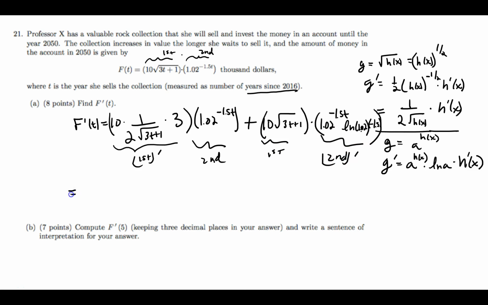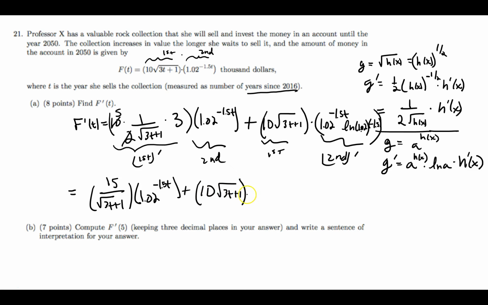Let me fix this up. I have to make some more room here. This 2 can turn this 10 into a 5. 15 over the square root of 3t plus 1 times 1.02 to the negative 1.5t. Plus 10 square roots of 3t plus 1.